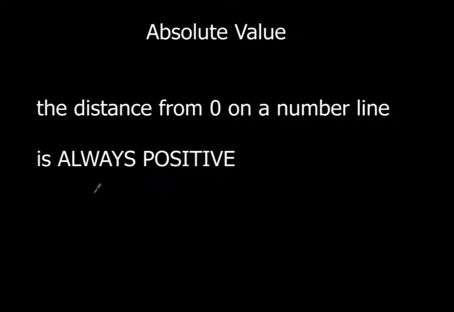Say, for example, I had the absolute value of x, and you'll always notice absolute value will have these bars around whatever's on the inside. So if I say the absolute value of x is 2, then if I think about a number line, we'll put 0 in the middle. There are two numbers that are two units from 0.